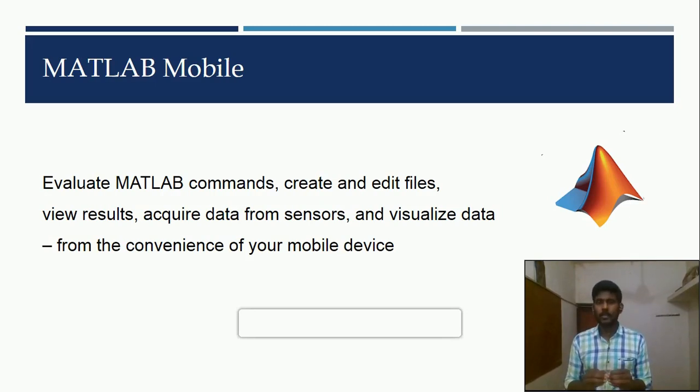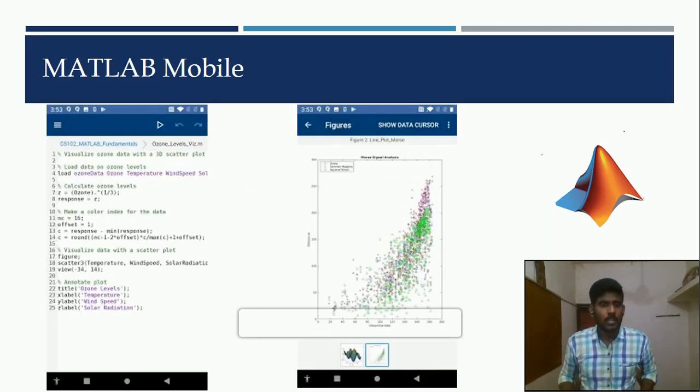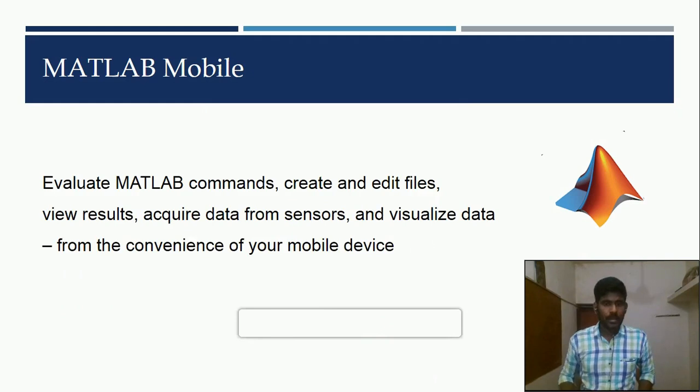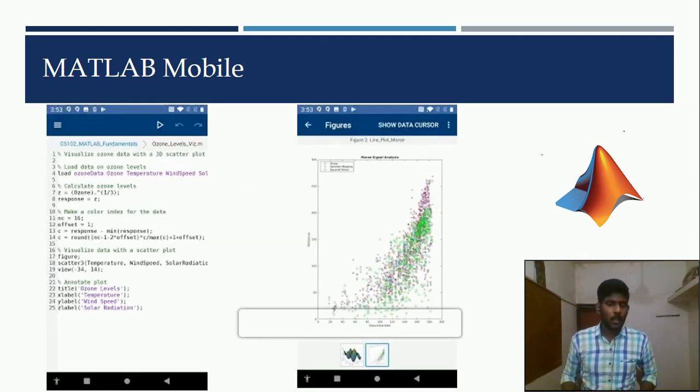You only need to create a MathWorks account online, and then you can do the manual work, create, and plot in your MATLAB mobile itself. I wanted to show you two screenshots I took from MATLAB mobile. The first one is the code, the second one is the output. Likewise, you can do any computation in your MATLAB mobile app itself.